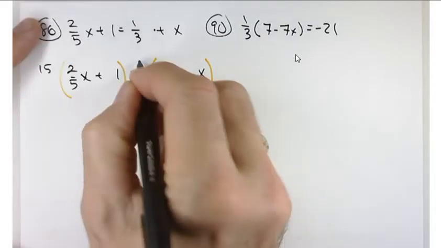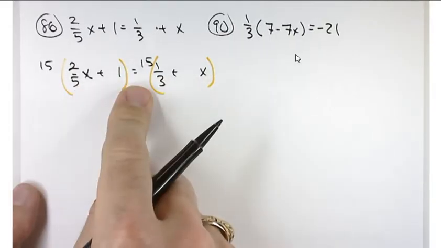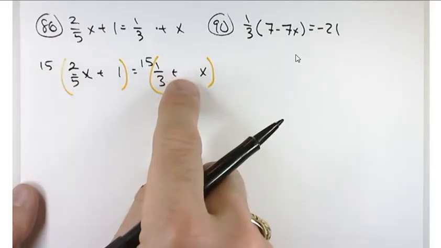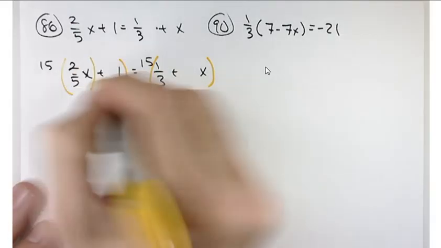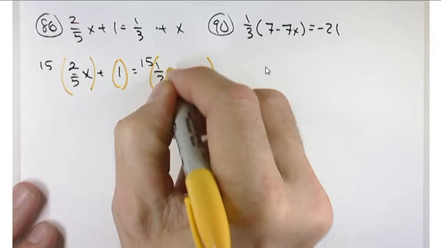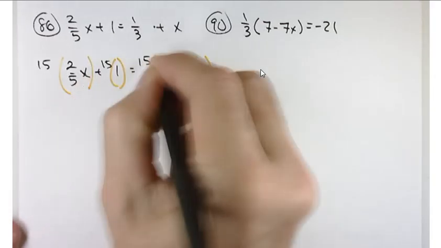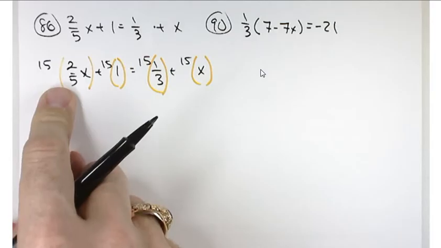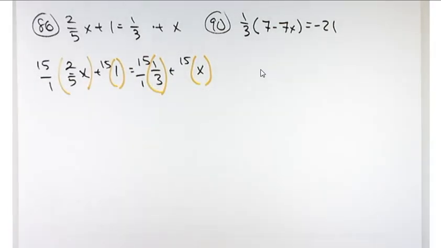Now that 15 has to distribute itself to both of these terms. I can't just cancel the 5 into the 15 here and the 3 into 15 here. I've got to distribute before I do anything like that. So the bottom line, and what I said a couple minutes ago, is that everything gets multiplied by 15. Now with the terms that involve fractions, it's probably not a bad idea to write that as 15 over 1.